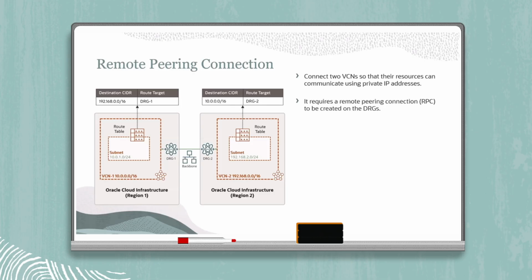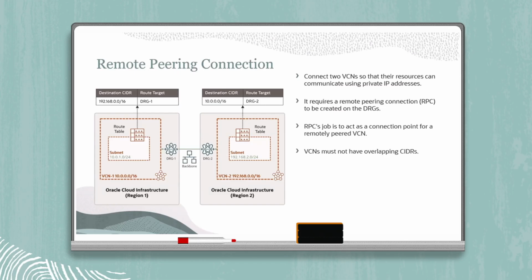So once you create the dynamic routing gateway and attach it to the VCN in both the regions, you also need to create a remote peering connection. The remote peering connection's job is to act as a connection point. And what we are also going to do is create a connection between those remote peering connections.